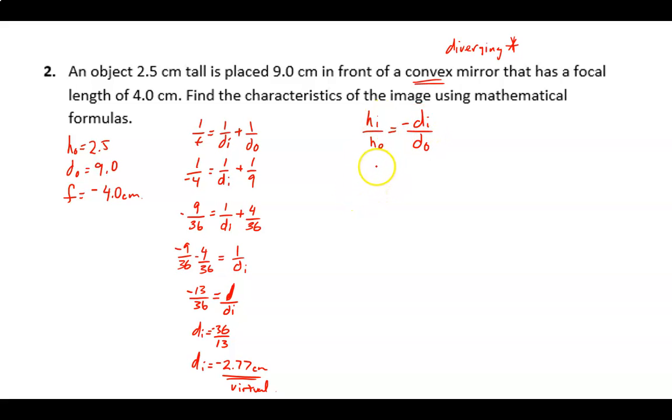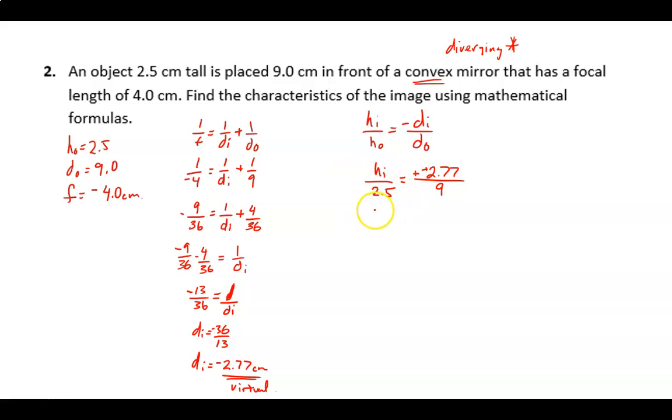Again, we're looking for hi over 2.5 is equal to negative negative 2.77, which actually turns everything positive. And do is still 9.